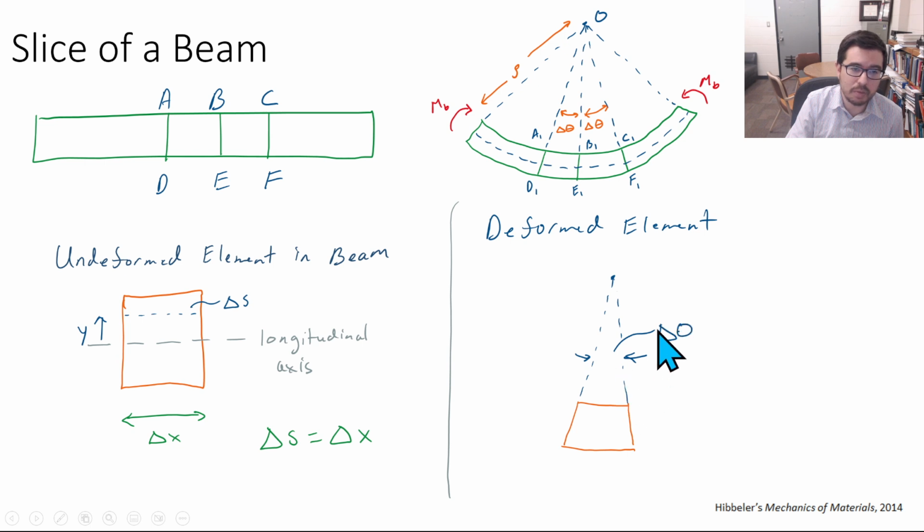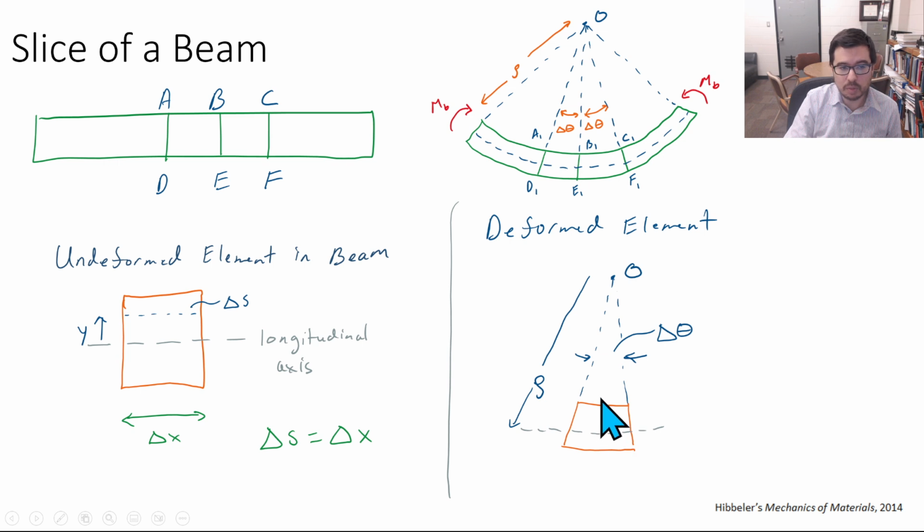We have an angle, delta theta, that describes the cut, or the portion of a circle on which this slice sits. And once again, we have a radius of curvature. Now, where does this radius of curvature typically go? We typically call it as going to the longitudinal axis.